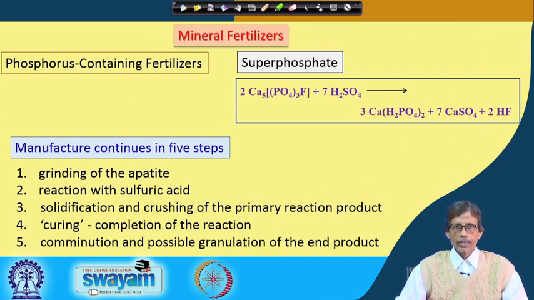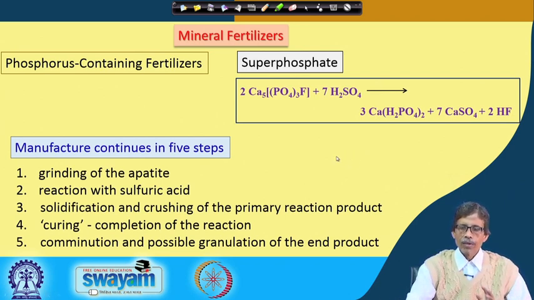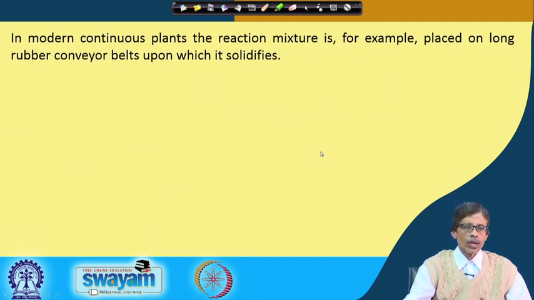The granulation part should again be avoided, such that we can have everything in the powder form, and we just try to get the separation, that means hydrofluoric acid in the gaseous form will be removed. The only thing is the separation of your calcium sulphate from your dihydrogen calcium phosphate material.